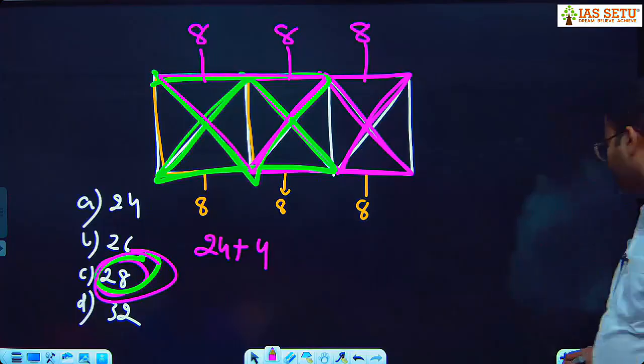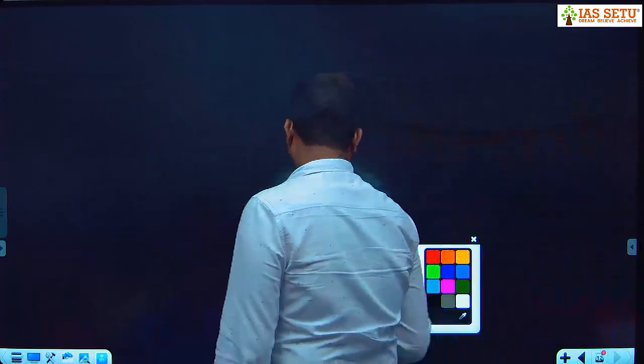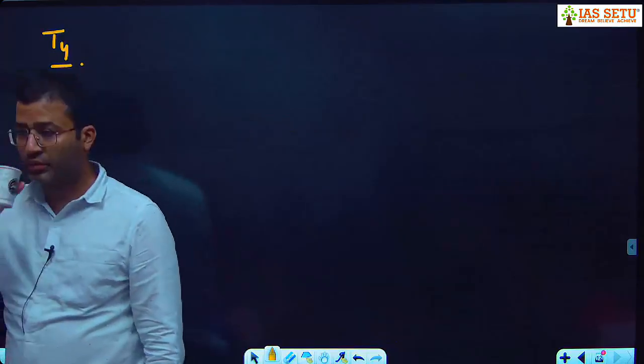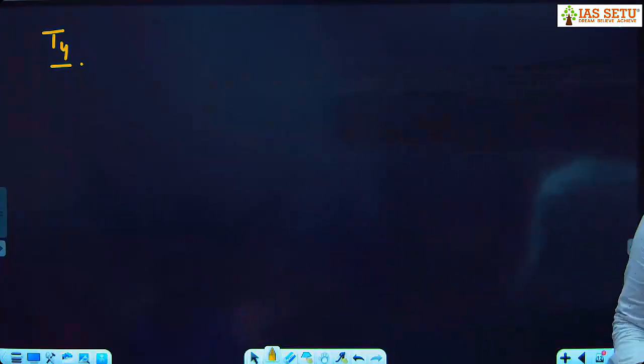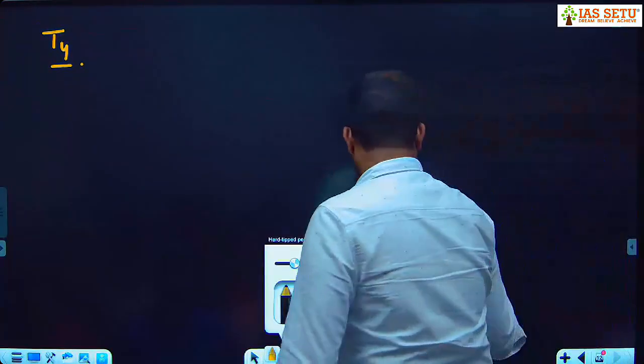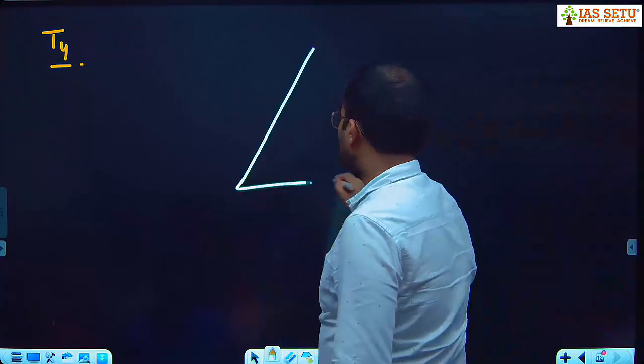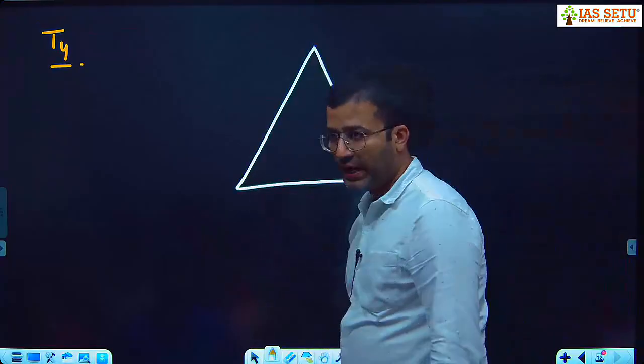Fine. Next is type 4. Type 4 is like a pyramid type of figure. See here, the examiner will say there is one triangle.